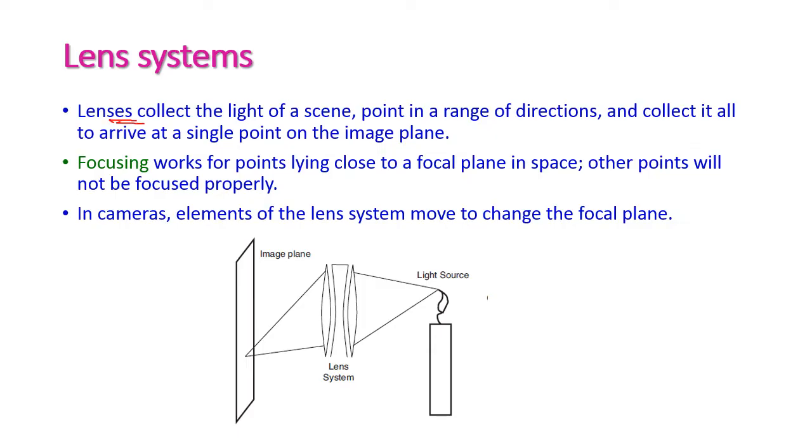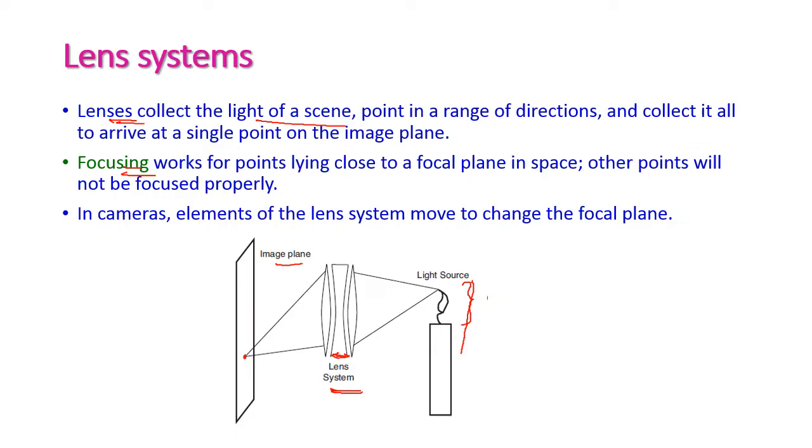The lens system will collect the light of the scene. See, the lens system is here, that will collect the light of a particular object, and that will focus on the image plane at a single point. Here focusing means, based on the distance of this lens, that will cover the size of a portion of the object.